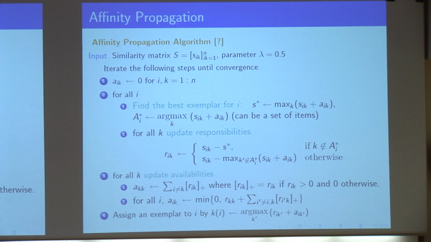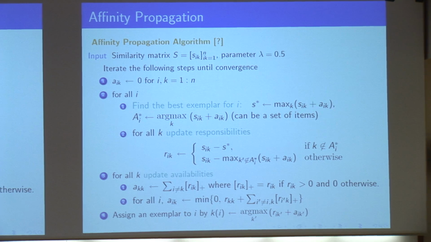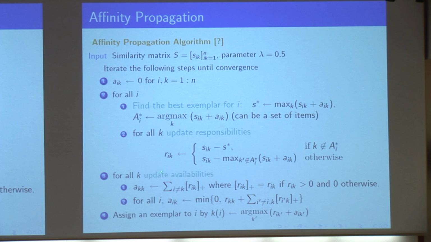When I update the availabilities, I look at the sum of the similarity between the node and its popularity, and how much I like it. And I take the maximum, and then the responsibilities are taken like this.